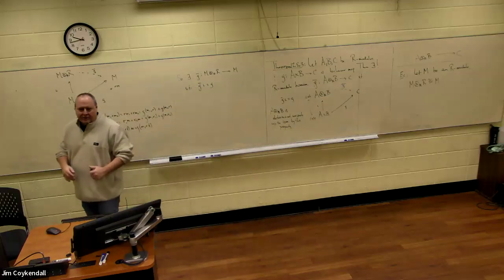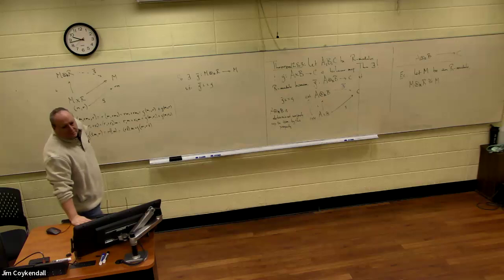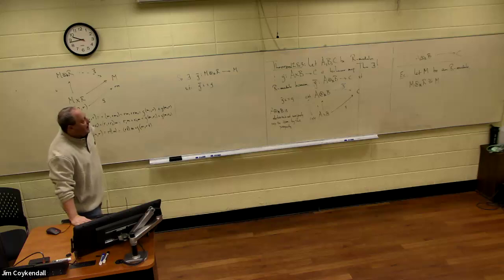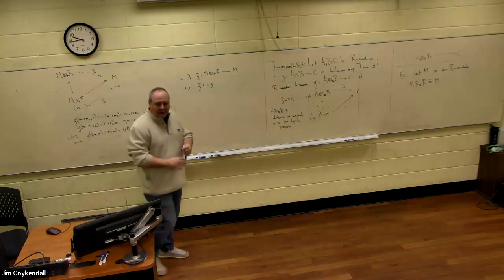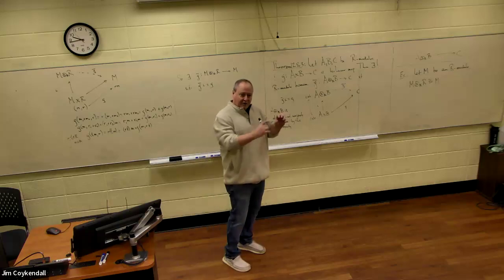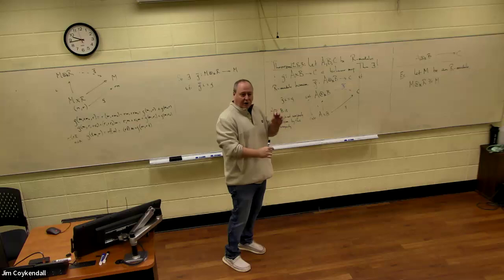Other questions? Yes. Did we show that this tensor product is an R-module? No, not yet, but it's an abelian group for sure, right? The R action is as I described, and it's easy to verify. R times A tensor B is RA tensor B or A tensor RB.